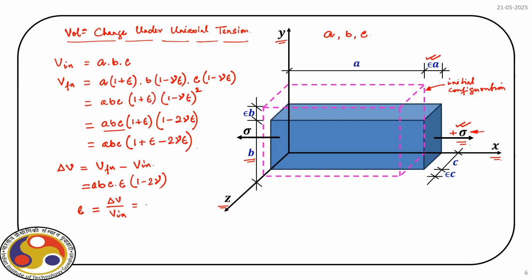So, what we have is epsilon times 1 minus 2 nu. If you recall, sigma is equal to E times epsilon. So, what we get is the volumetric strain equals sigma by capital E times 1 minus 2 nu.